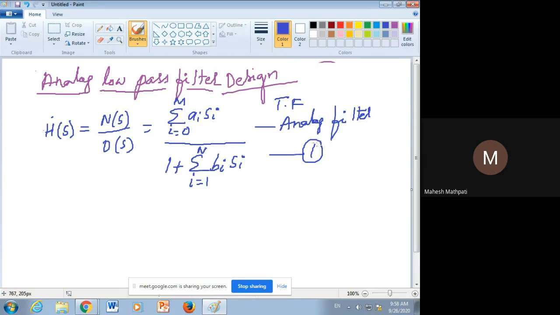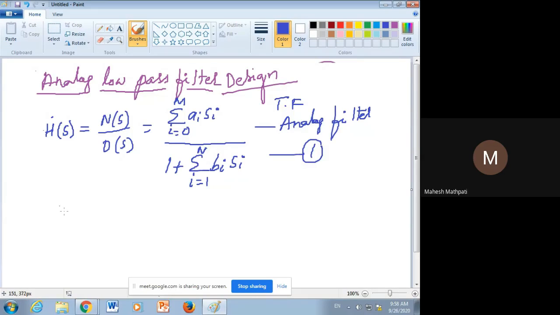Here, just write one line. Here H of s is the Laplace transform of the impulse response h of t.